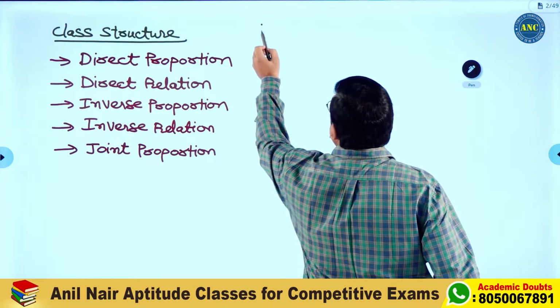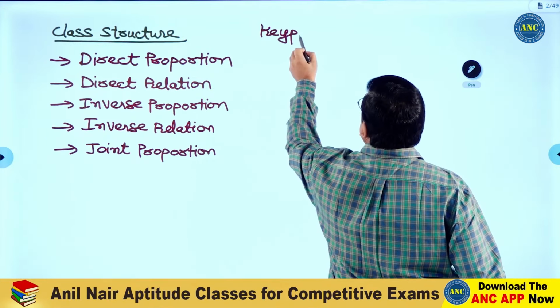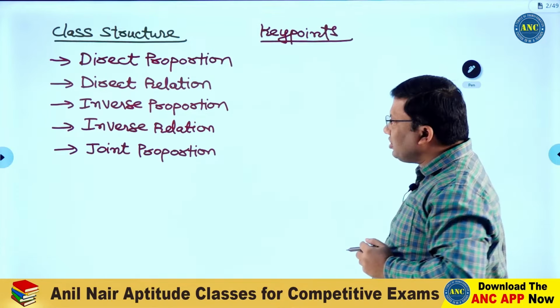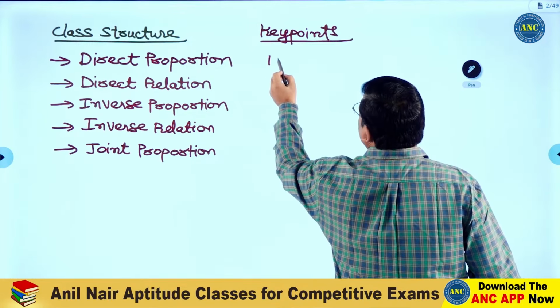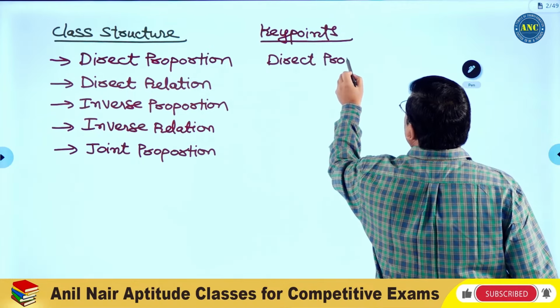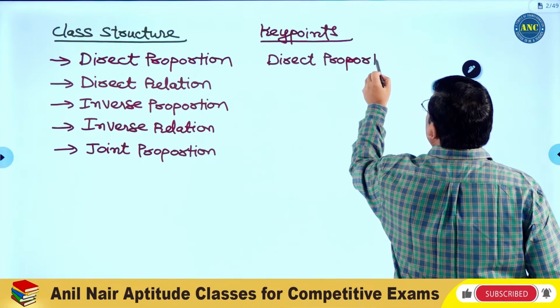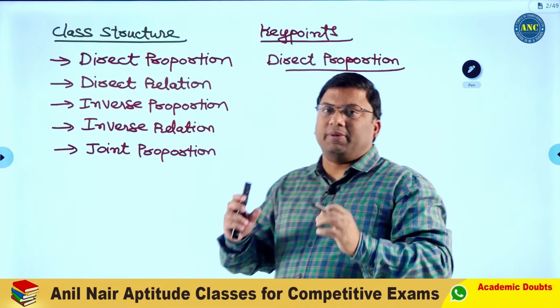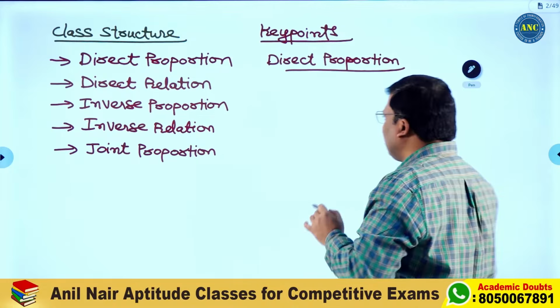Some important key points. Now listen carefully. The first thing we will discuss is direct proportion. What exactly do we mean by direct proportion? A direct proportion is a relationship between 2 variables, x and y.